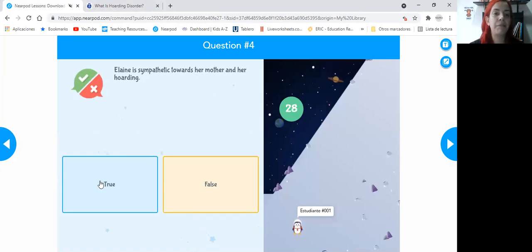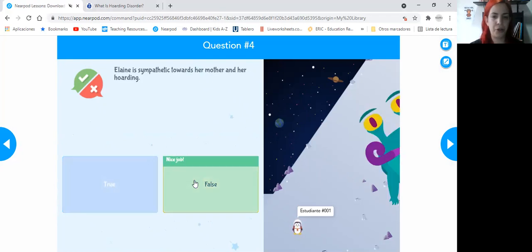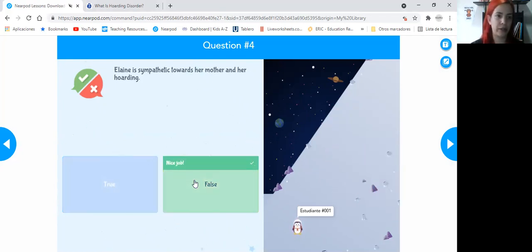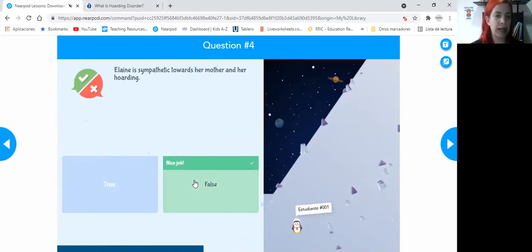Okay, Elaine is sympathetic towards her mother and her hoarding. Sympathetic means she sympathizes with her and her habit, her disorder. True? Exactly. False. No, she doesn't sympathize with her mother in that aspect.